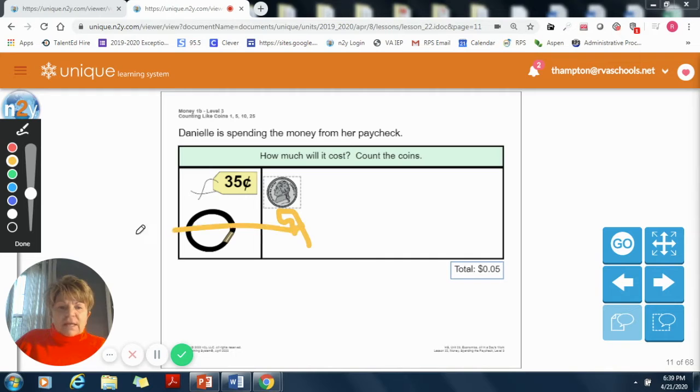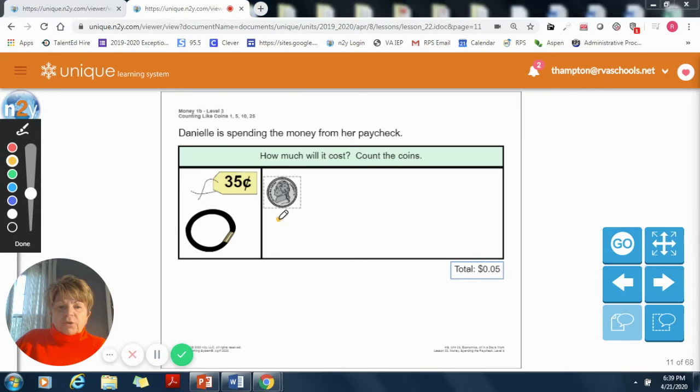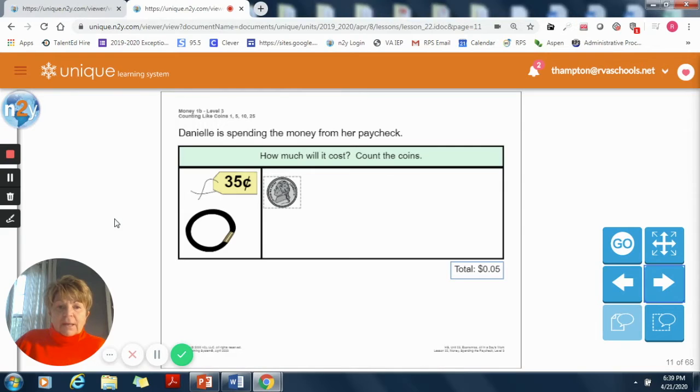Now we've got to get all the way up to 35 cents, right? So 5 cents, there's my crazy marker going crazy. Now a 5 cents is worth 1, 2, 3, 4, 5, which would be the same as our 5 pennies, right? But we need to get to 35.